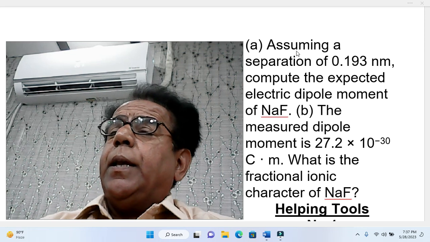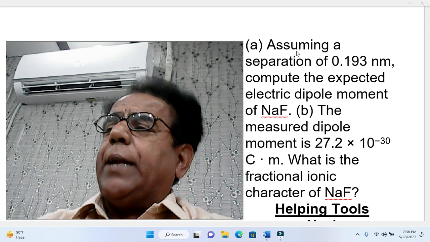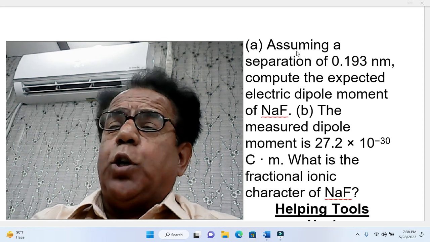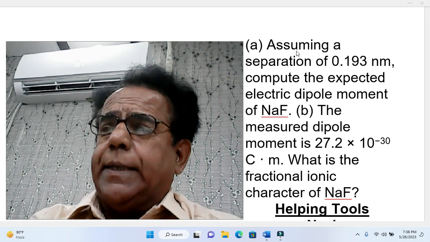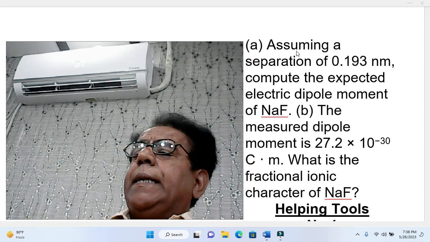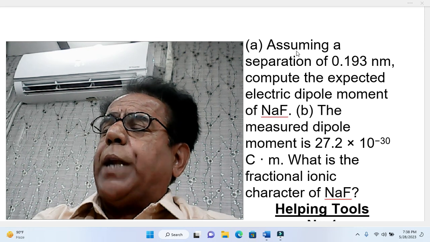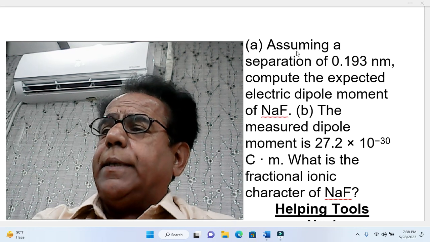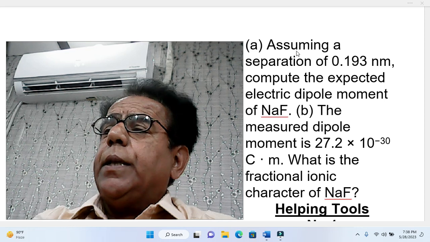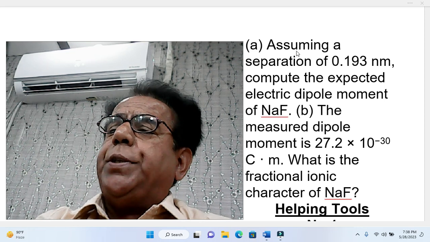Assuming a separation of 0.193 nanometer, nano standing for 10 to power minus 9. 0.193 nanometer means 0.193 into 10 to power minus 9 meter. Compute the expected electric dipole moment of sodium fluoride.